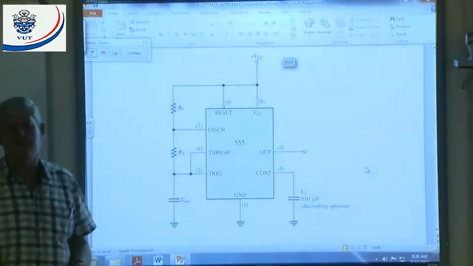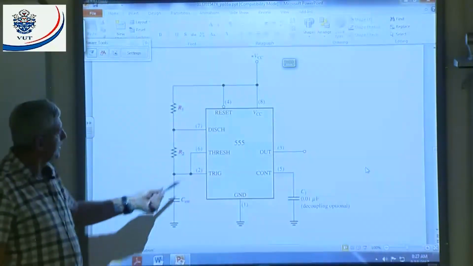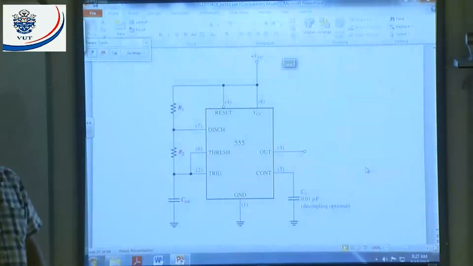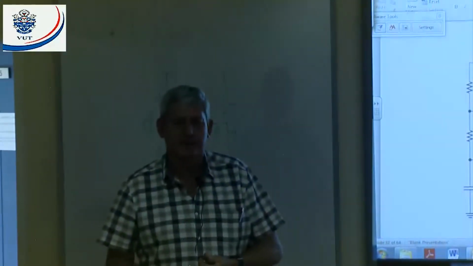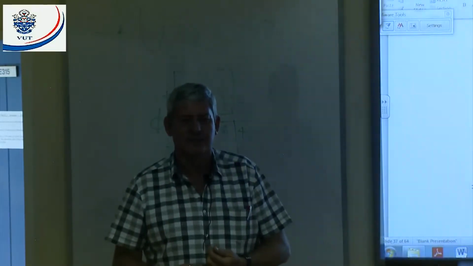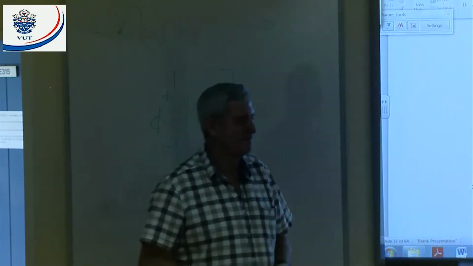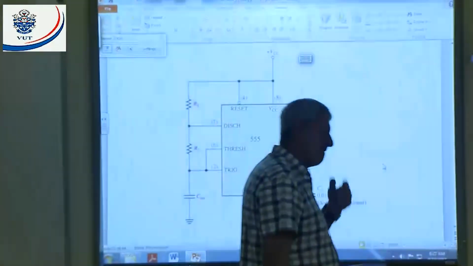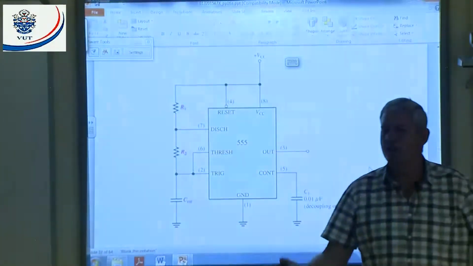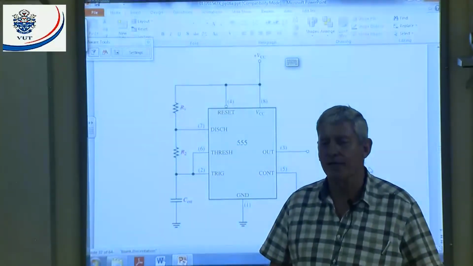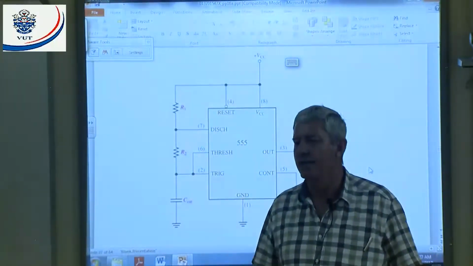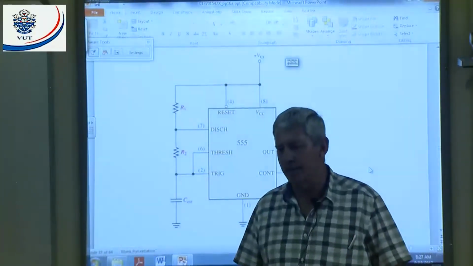But there's the 555 timer as astable. Now, what is the meaning of astable? They tell you it's a multivibrator. That's an oscillator. If it's astable, it's going to oscillate. It's going to give me a square wave or square pulse out.